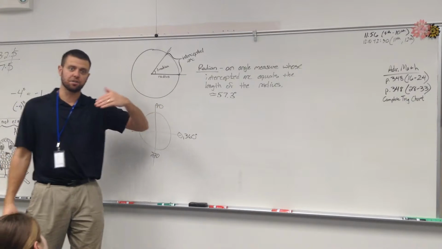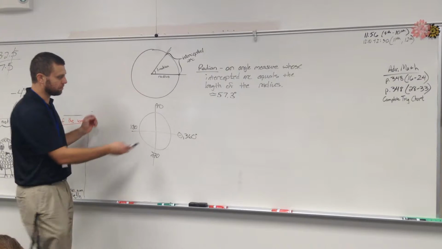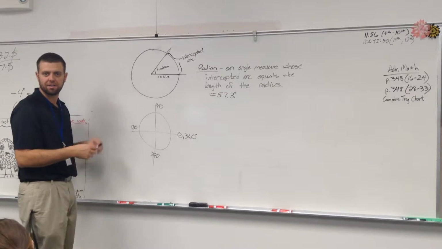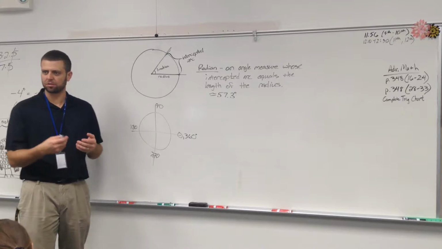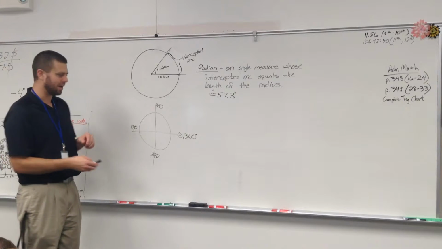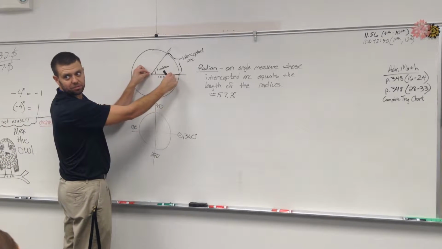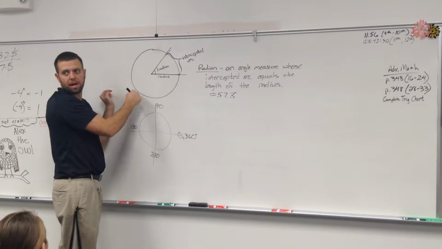But what we really got into was why the circumference formula works. Okay, because remember how the circumference for a circle is 2 pi r, and the reason that's the formula is because it's basically telling you how many radii it takes to go around the circle.